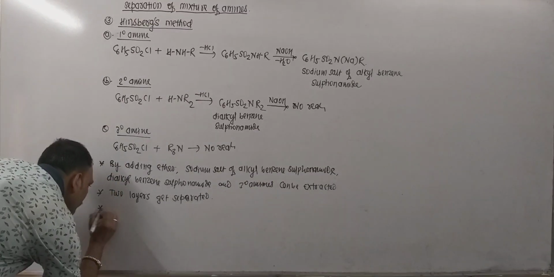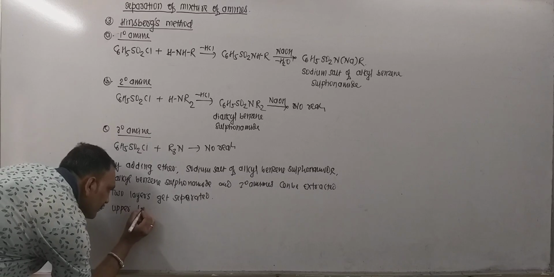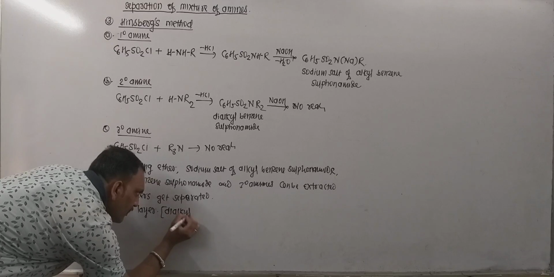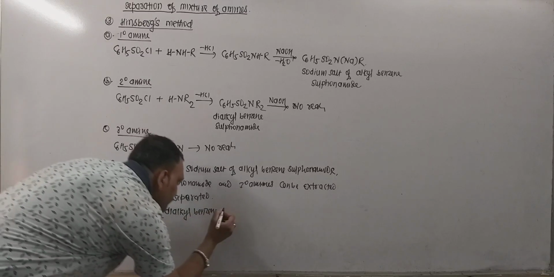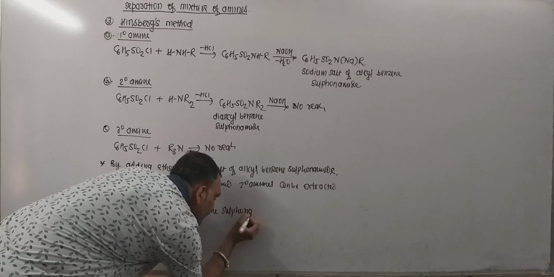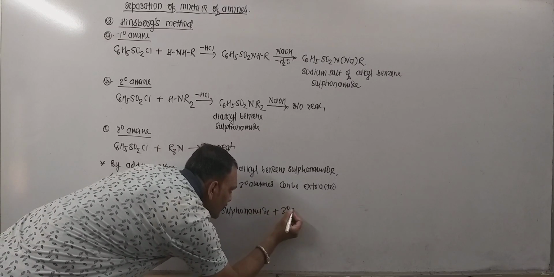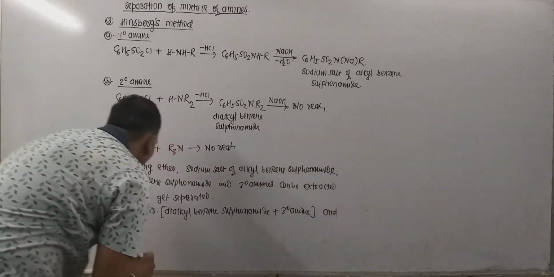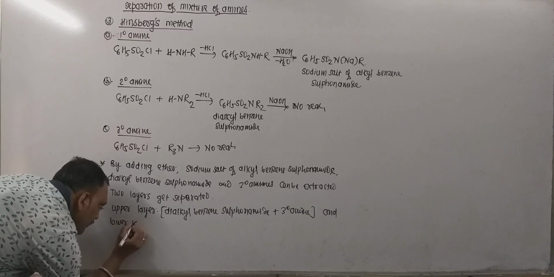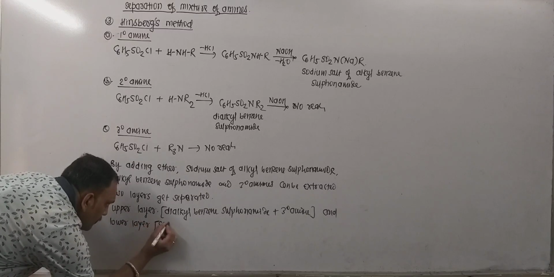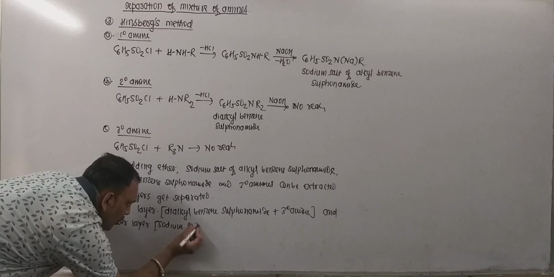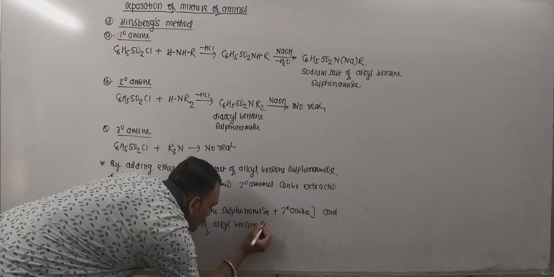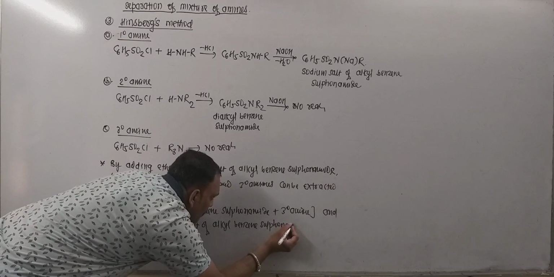The upper layer consists of dialkyl benzene sulfonamide and tertiary amine, and the lower layer is the sodium salt of alkyl benzene sulfonamide.